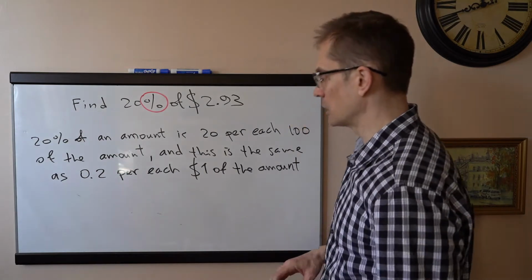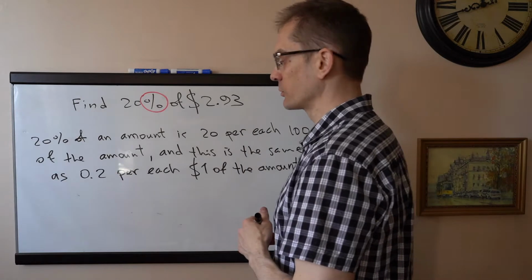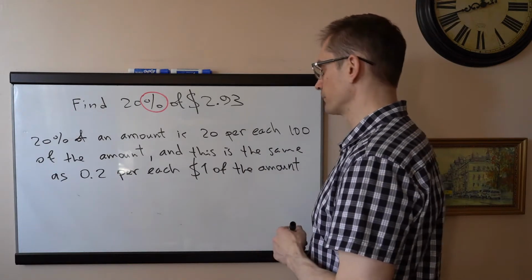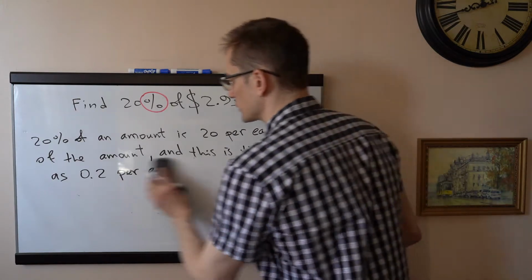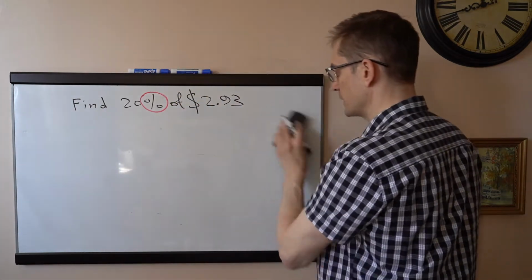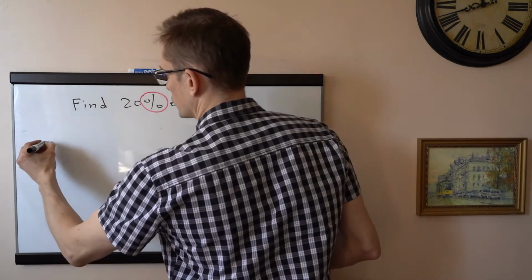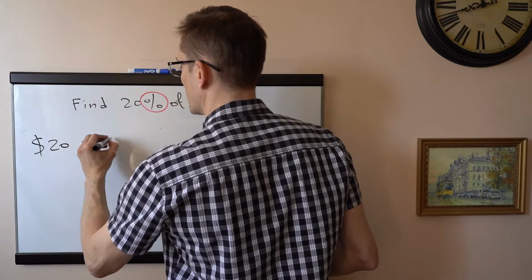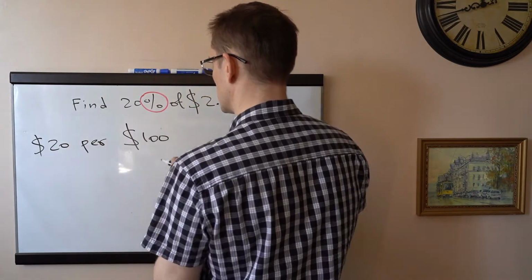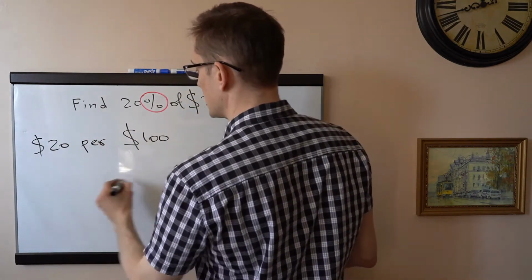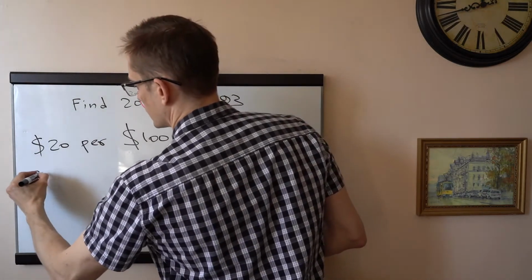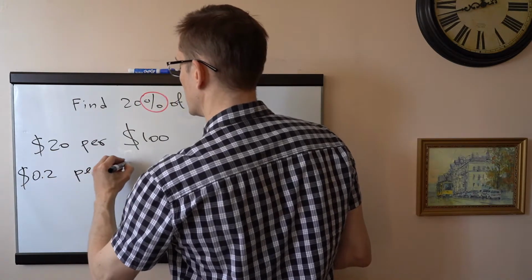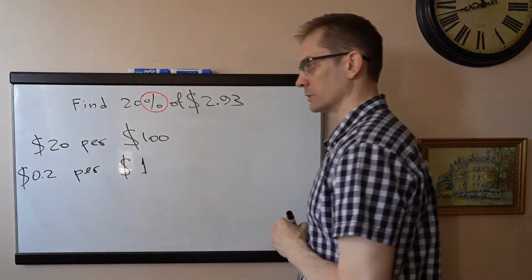When, in financial mathematics, we speak about amounts, we always mean amount of dollars. Once again, just to simplify this phrase, $20 per $100 is the same as $0.2, which is 20 cents per $1, right?